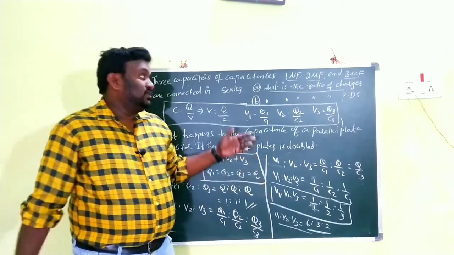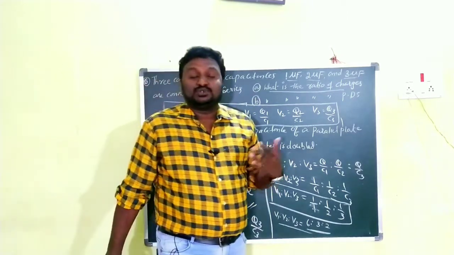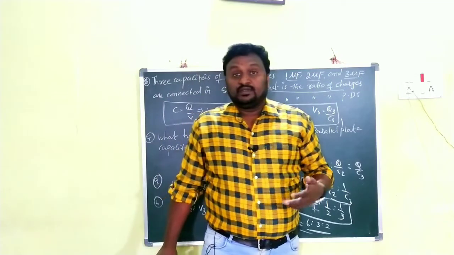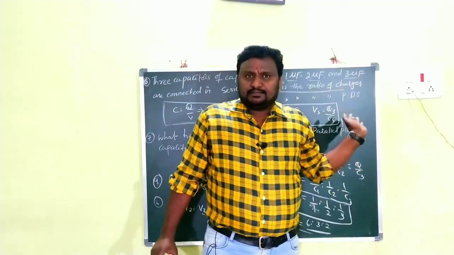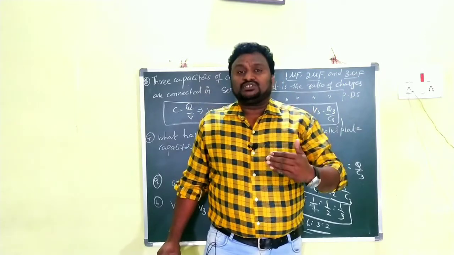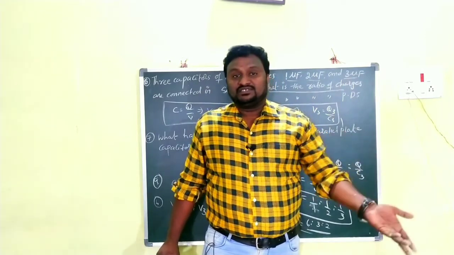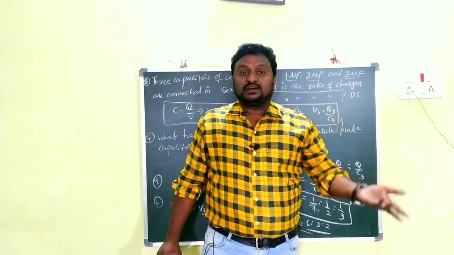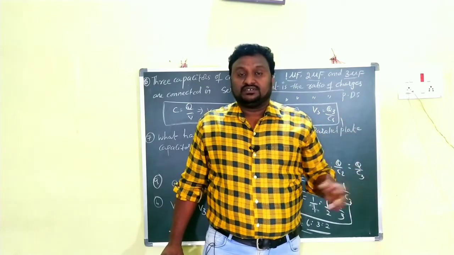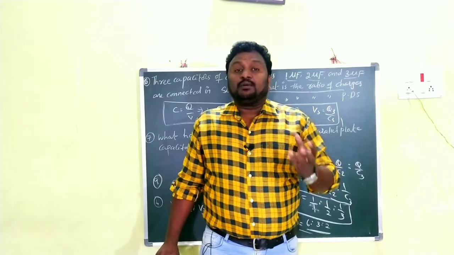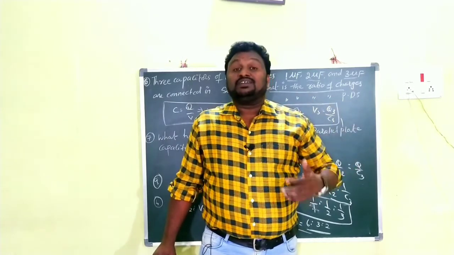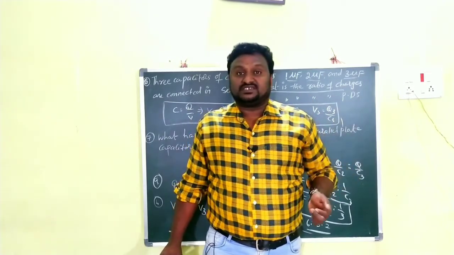Generally most of the students will get confused. Why? Because the problem will be the same. For parallel combination, somebody writes the series combination answer. For series combination, they will write some parallel combination answer. So why are they getting confused? Simply when they have no idea about the concept, they will make mistakes.